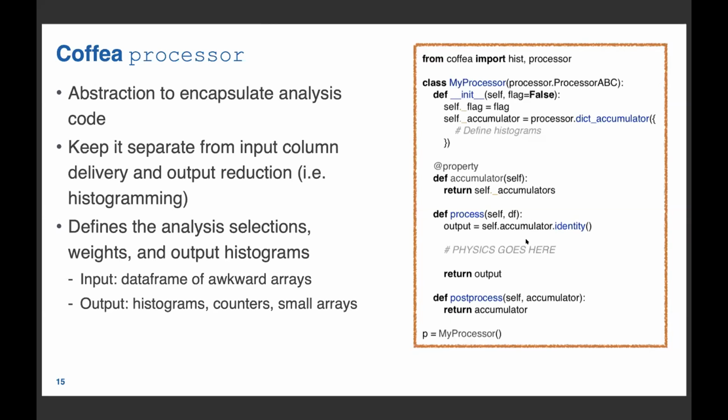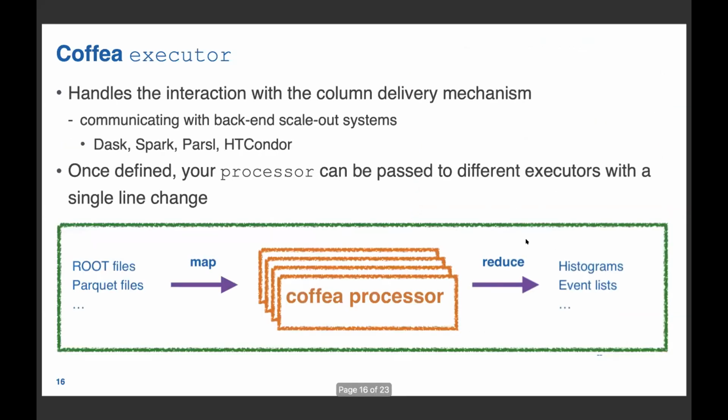As I said, this is the definition of the analysis in the form of writing a Coffea processor. It's kept separate from its execution. Therefore, Coffea offers another class called the Coffea executor, that handles the interaction with the column delivery system. As I mentioned before, Coffea offers the possibility to use different backend scale-out systems.